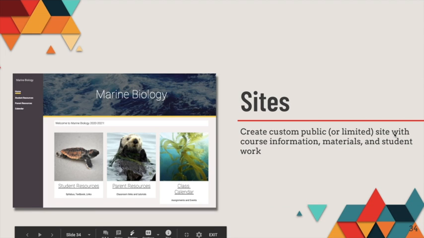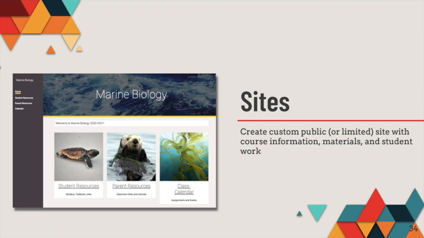Google Sites is really like the easiest site builder I've ever used. It can make you a nicer looking site than Google Classroom for your class. Something else that is nice is that you can really customize who gets to see it. So you can make a public site that has information about your course.